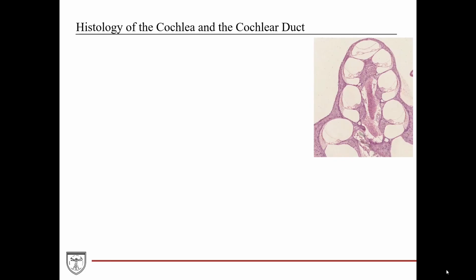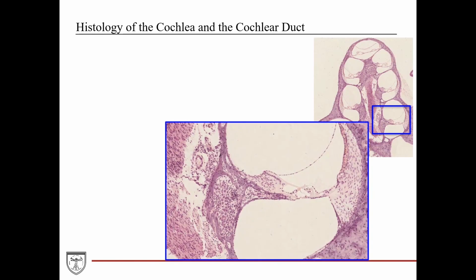Let's look at the histology of the cochlear duct in a little more detail by zooming in onto the boxed area. This is just one section of the coiling cochlear duct within the cochlea. At higher magnification, we can see that this is the scala vestibuli, the perilymph-filled space above the cochlear duct. This thin membrane that separates the cochlear duct from the scala vestibuli is called the vestibular membrane.